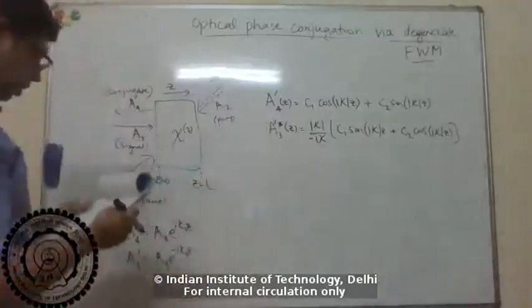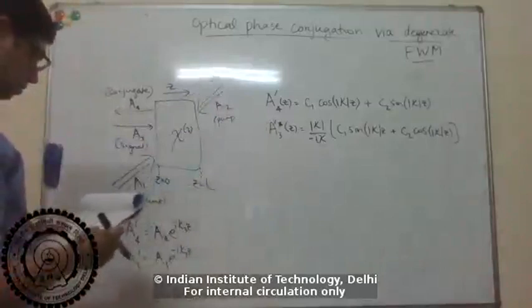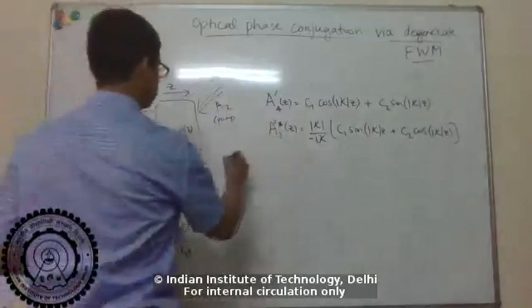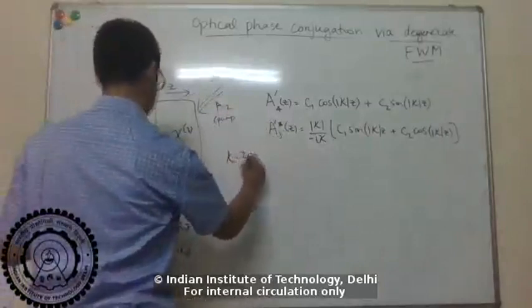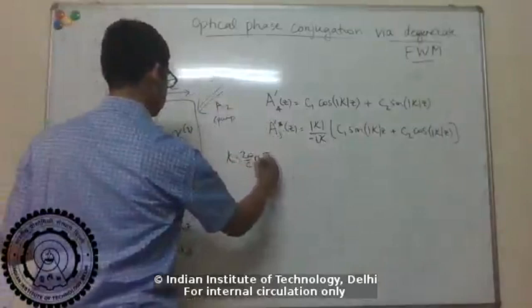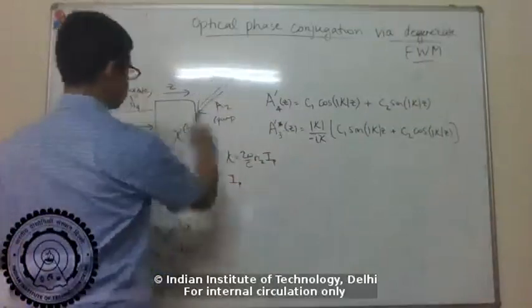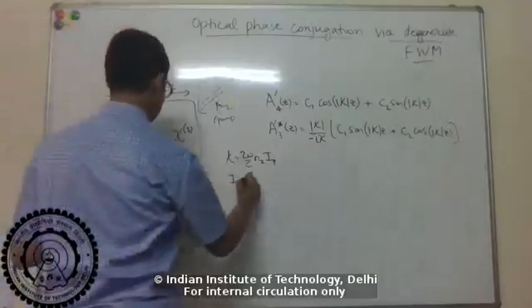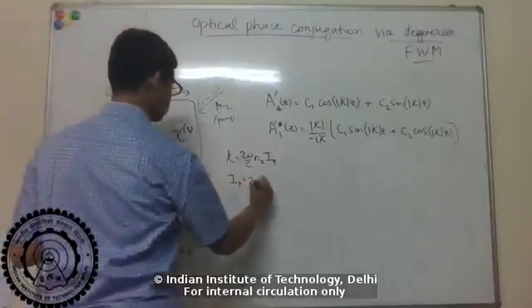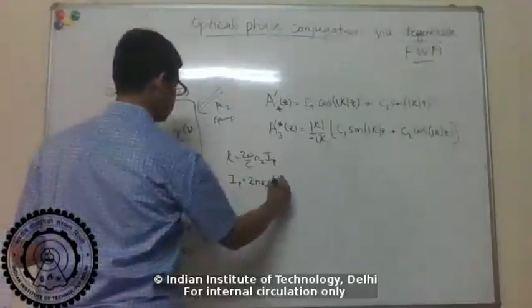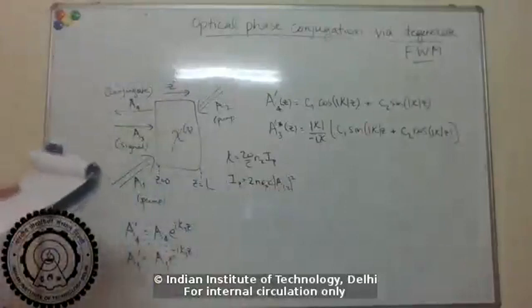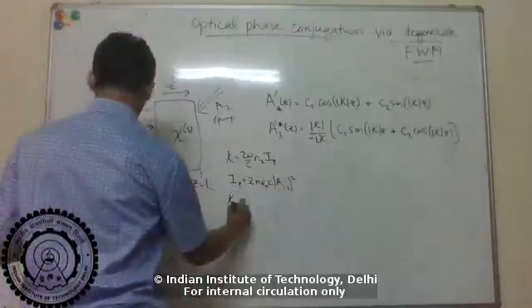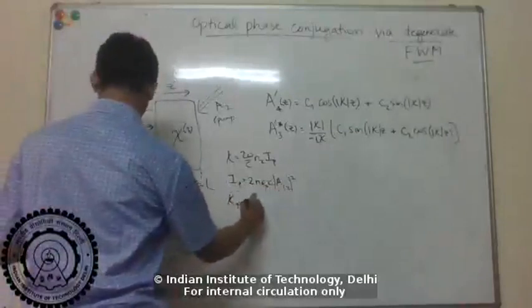If you recall, kappa here was given by this, where IP is the intensity of each of the pump beams, and kappa 3 was 2 times kappa.